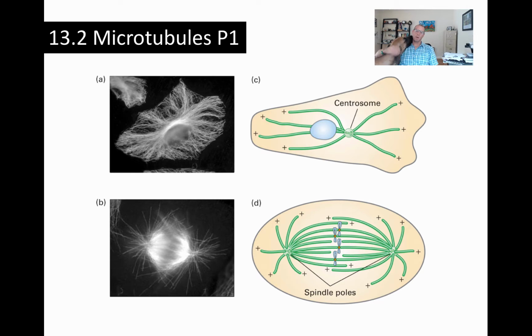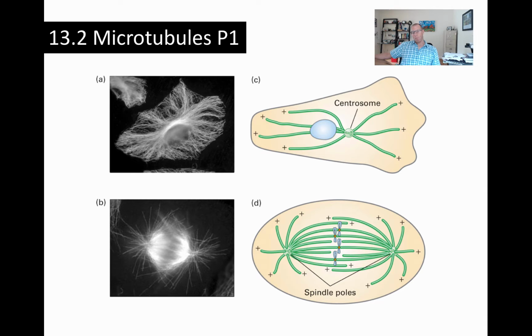So the microtubules, they always radiate from a place called the microtubule organizing center in the cell, and in animal cells that's most commonly a pair of centrioles that form a centrosome.